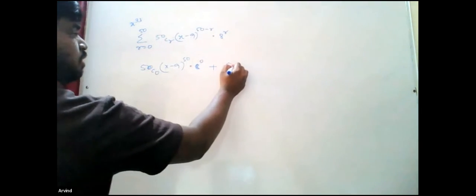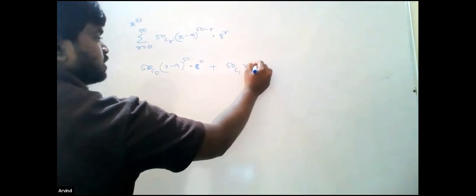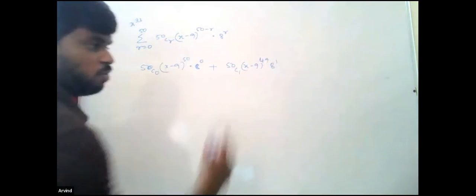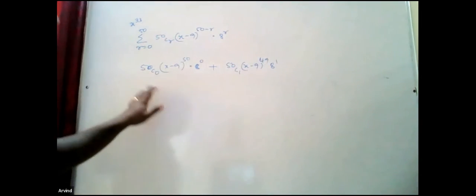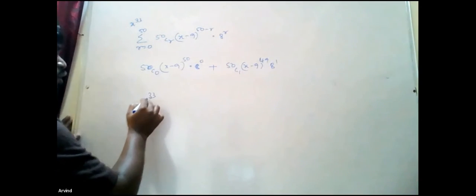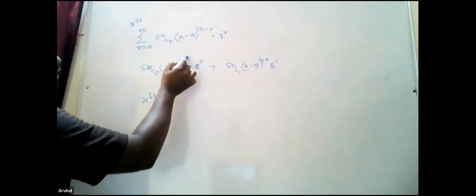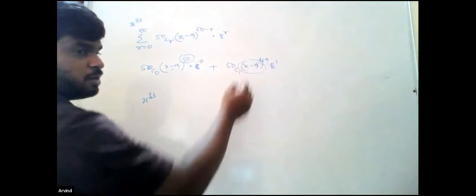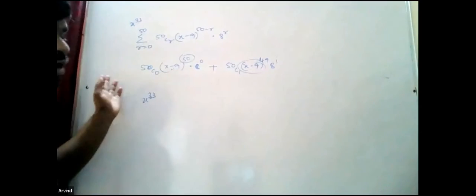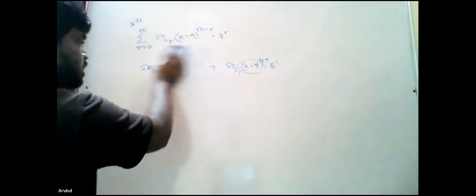Next, if you give 1 to r, 50C1 (x minus 9) whole to the power 49 into 8 to the power 1, and so on, it keeps going. If you observe carefully, we need the coefficient of x to the power 33. It comes in this term, and in this term also, x to the power 33 coefficients come in all of them. If you solve like this, it will take huge time.